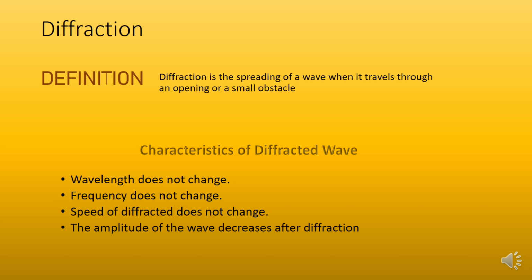Next is diffraction. Diffraction is the spreading of a wave when it travels through an opening or around a small obstacle. The characteristics of a diffracted wave, meaning after diffraction occurs: wavelength does not change, frequency does not change, speed does not change, but the amplitude of the wave decreases.